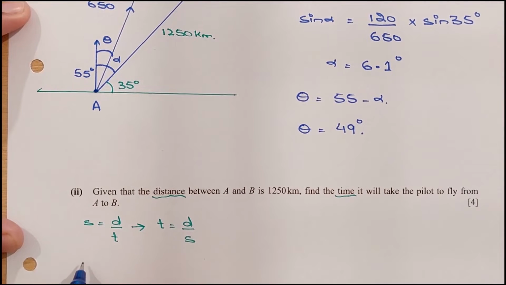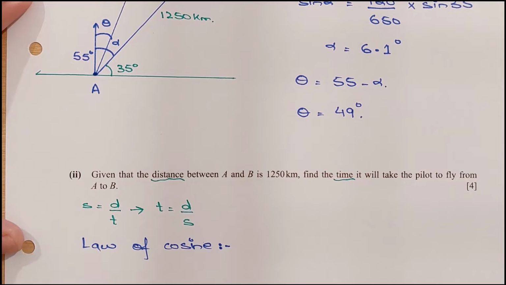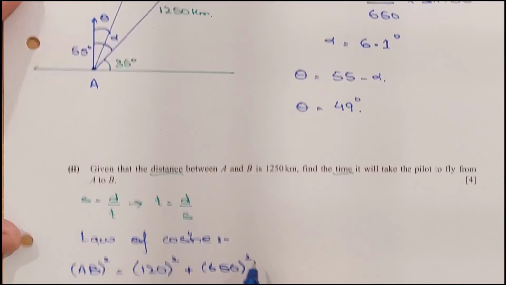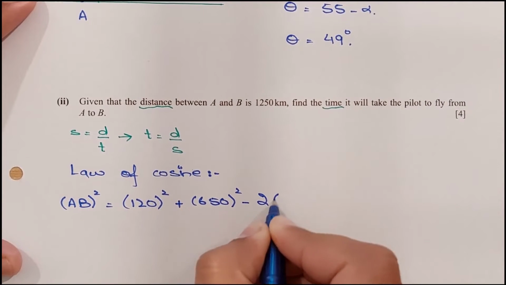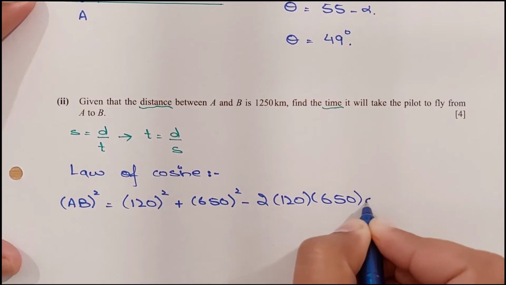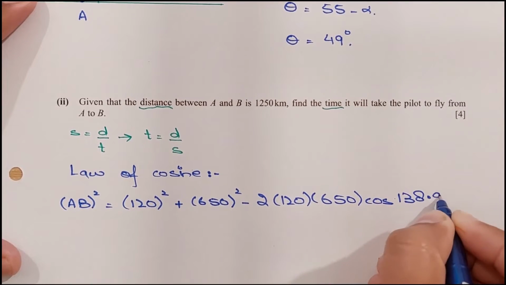So the law of cosine here, we can find the side AB. We can say AB squared equals the two sides, 120 is the speed and 650 is the speed, its whole square, and then minus 2 times 120 times 650 times cos of the angle between the two sides, that is 138.9 degrees.